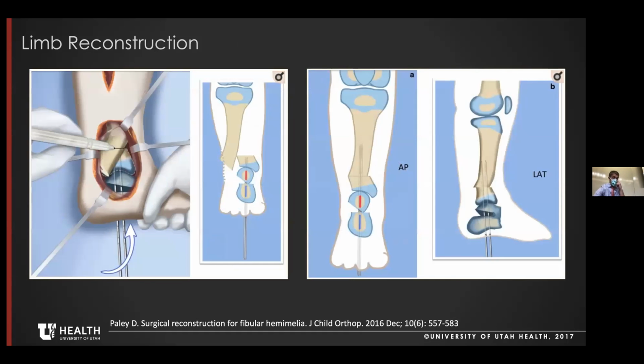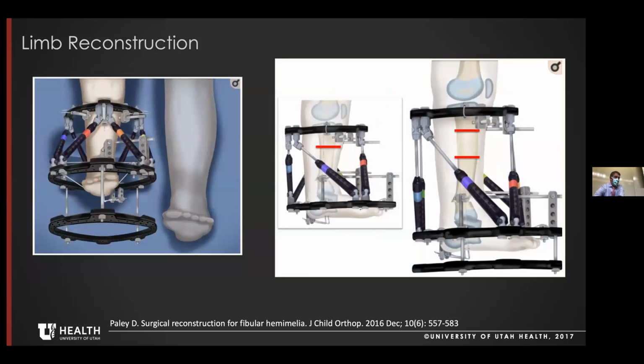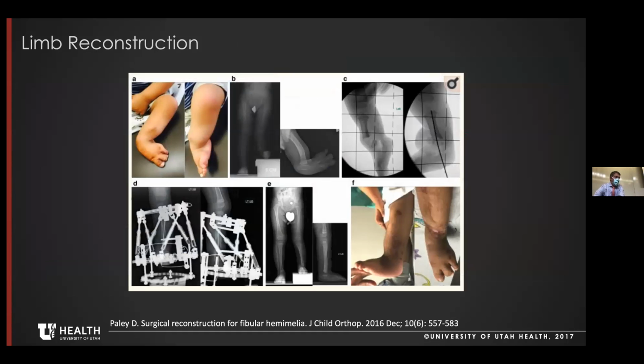Then performing osteotomies to address the tibial deformity and shortening to minimize tension on the neurovascular structures. And then placement into a frame for stabilization and lengthening through a proximal tibia osteotomy. This can take a foot with a severe deformity and get it into a pretty functional plantigrade position.